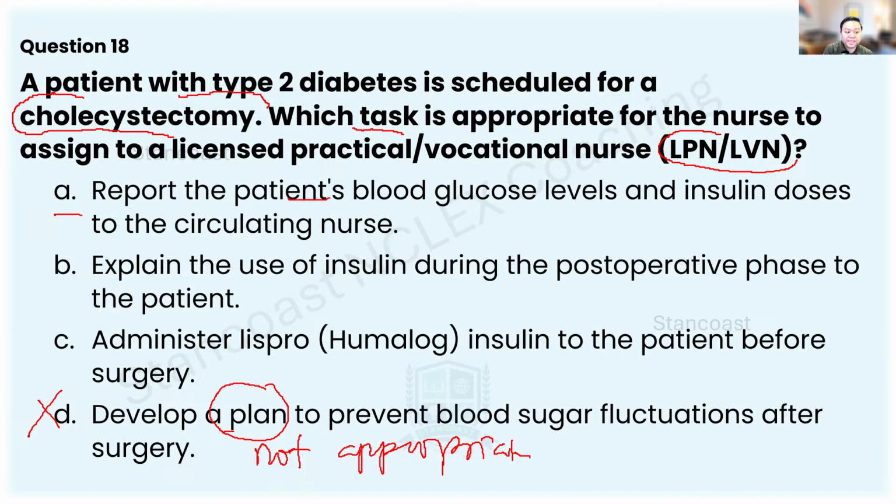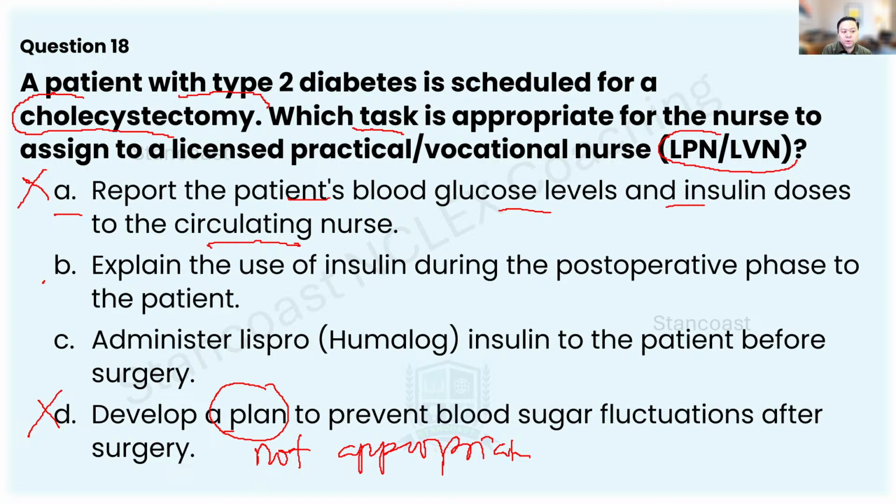Again, this will involve a higher level of coordination. There might be some additional questions about why this was done or why it isn't done. This will involve much more clinical judgment. So this is not an appropriate action for the RN to delegate to the LPN.